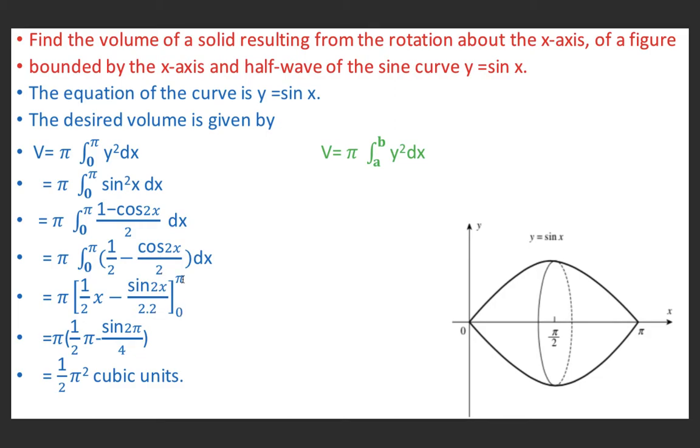Limits are from 0 to pi. Substitute the upper limit, pi by 2 minus sine 2 pi upon 4. For 0, this is 0, sine 0 is also 0, so I have not written the 0 part. Multiply by pi, so it is half pi square, because sine 2 pi is also 0.